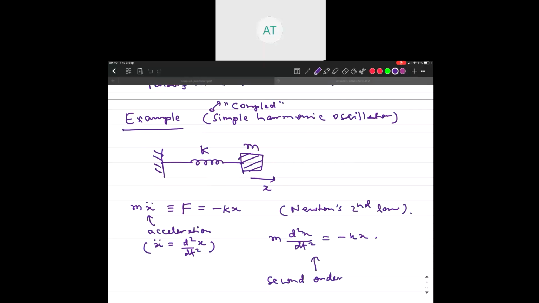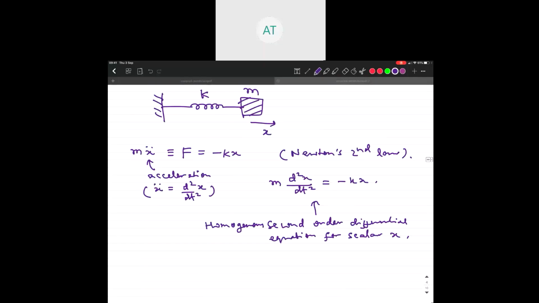homogeneous differential equation for scalar x.